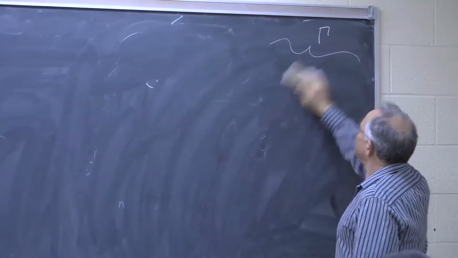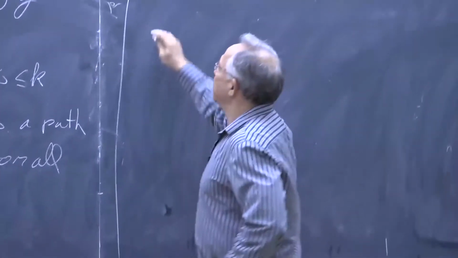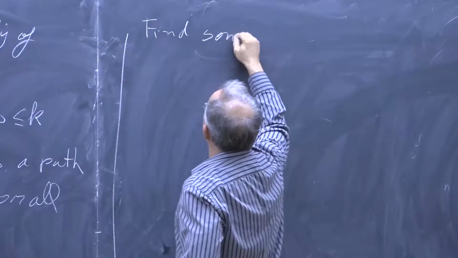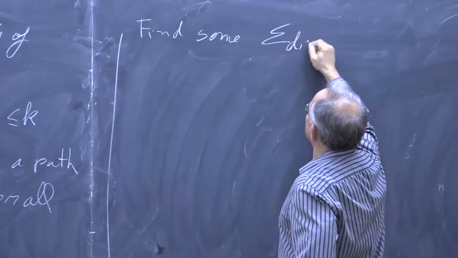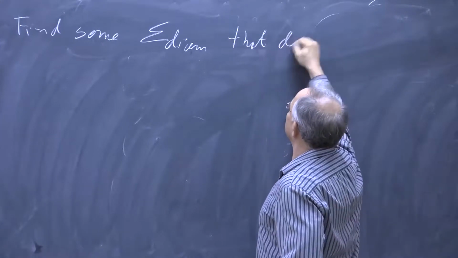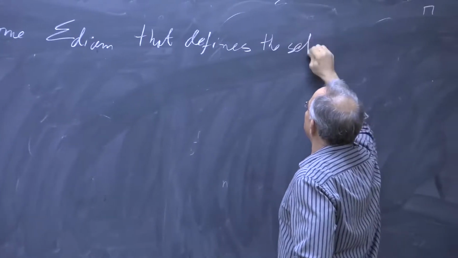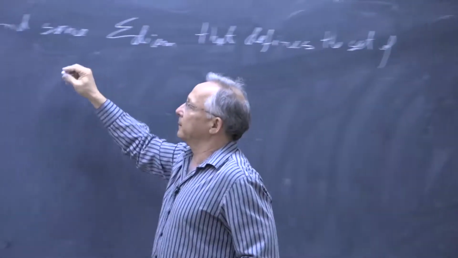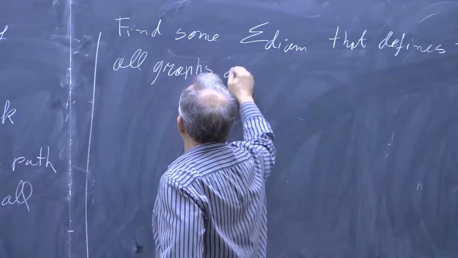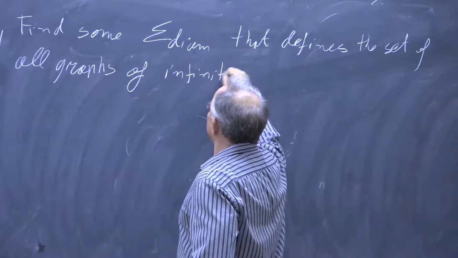Okay, so now let us start by defining something that we can define. Can you find some sigma diameter that defines the set of all graphs of infinite diameter?